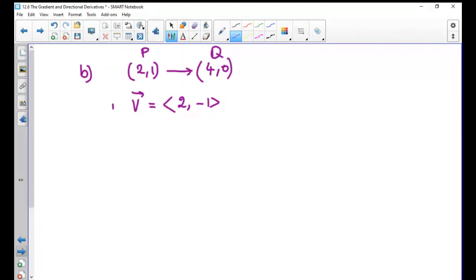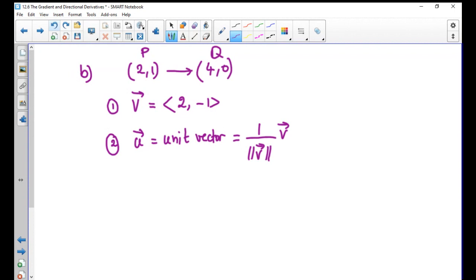Then you need to find the unit vector u in the direction of v. Unit vector will be 1 over the magnitude of v multiplied by v.